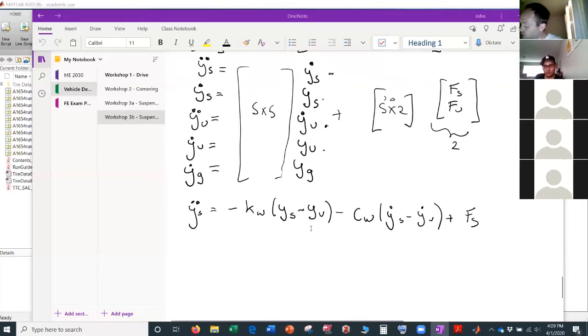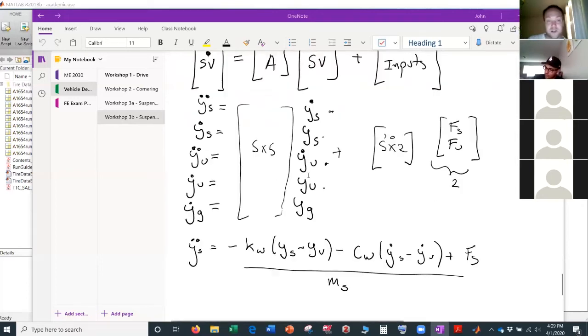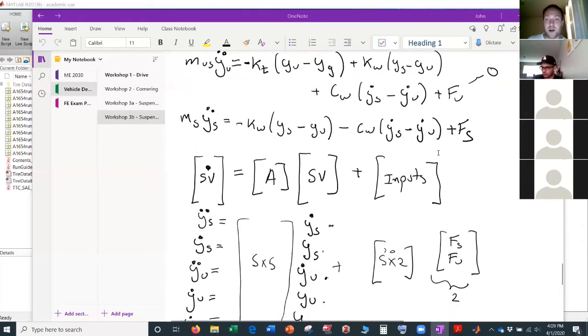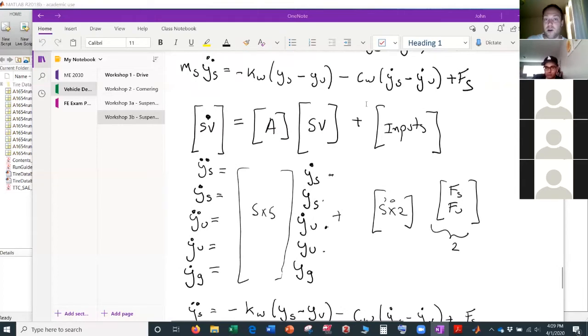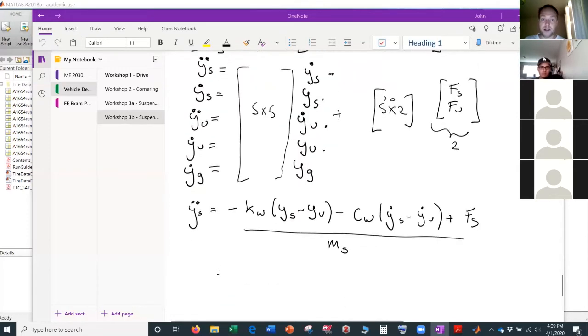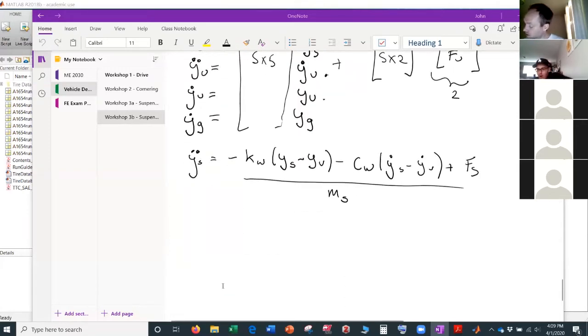And then I have to divide this by the mass sprung. So I basically just took this equation and divided by mass sprung, and you see it's in terms of all these other y variables. Then I have my next term, y dot sprung, which is just equal to y dot sprung.